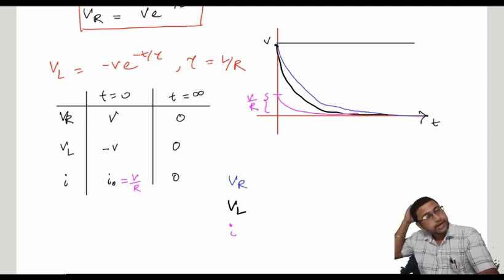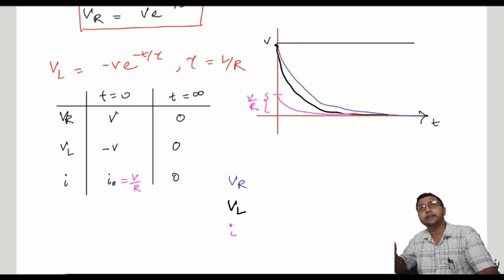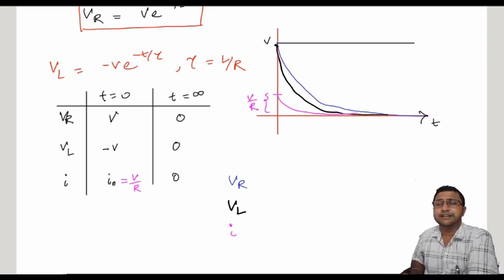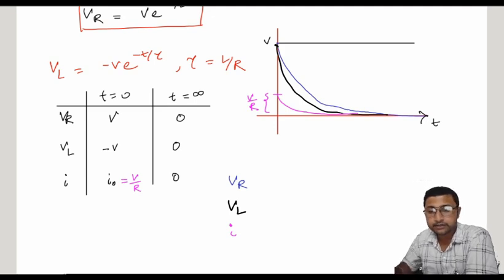At t equal to 0 the inductor charges up to the final DC voltage plus V, and when the switch is off it discharges with the same voltage V, but the polarity reversed. Plus polarity means it will charge, and minus polarity means it will discharge, but the magnitude V remains the same. Okay, so this is the case of the transient analysis of the DC series RL circuit when the switch is off.